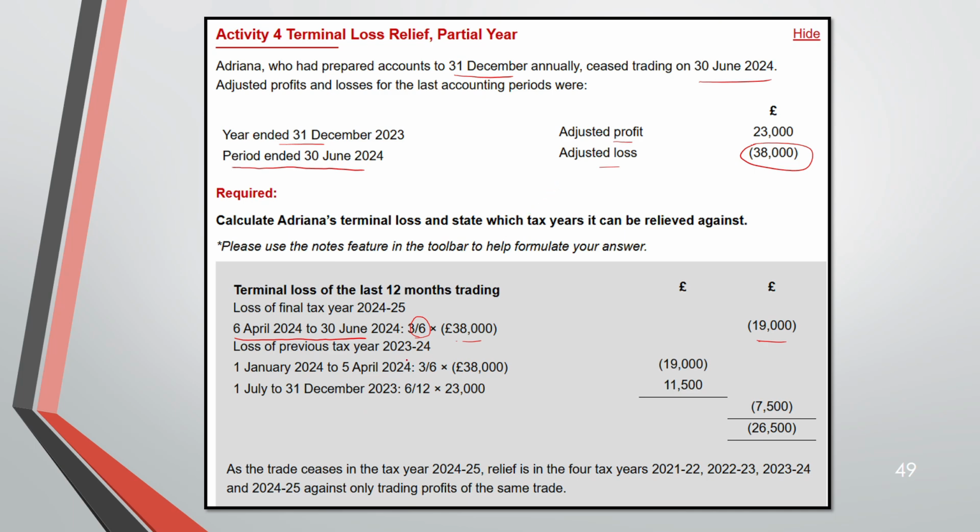So now, remember it is for 12 months you have to get. This is for 24-25. Now you are going to 23-24. You are going backwards. Here it is 1st of Jan 2024 to 5th April 2024. You didn't incur a profit. This profit was incurred 31st December 23. It does not fall here. So 3 of 6 of 38, again 19,000.